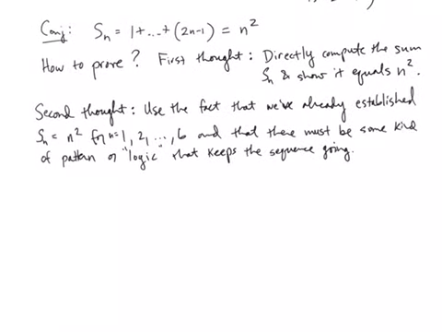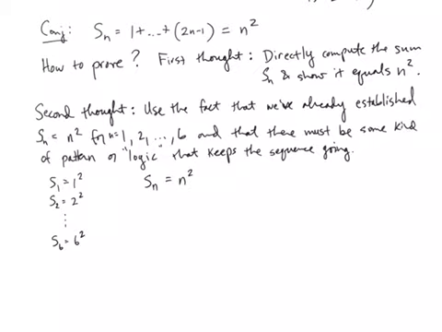Okay, so we know that S1 equals 1 squared, and that S2 equals 2 squared, and that S6 equals 6 squared. And to try to uncover the logic that keeps the sequence going, and to not get distracted by the details, what we'll do is look at a case of an n where Sn equals n squared.